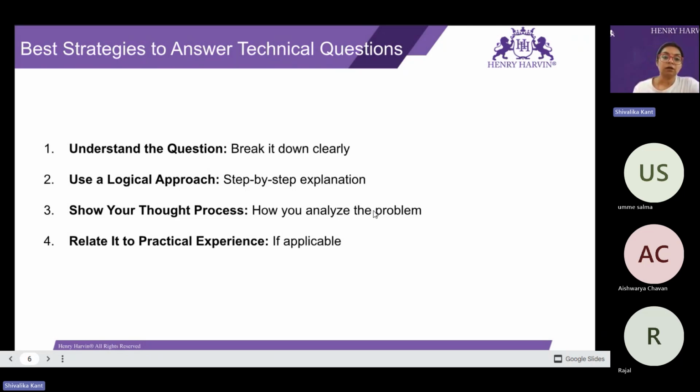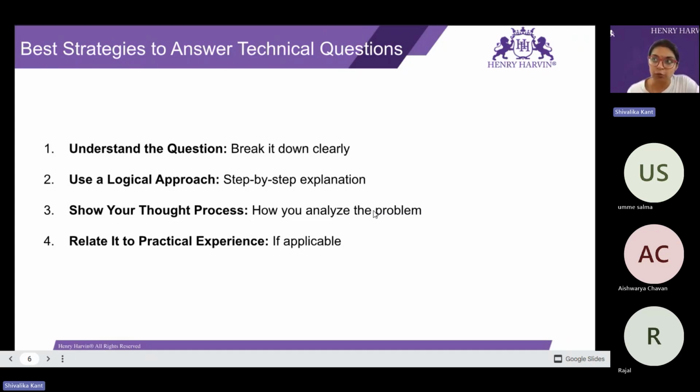Then I will advise you to always practice with mock questions. Study common technical questions for your field, coding, engineering, IT, any field. Then use mock interviews or platforms.